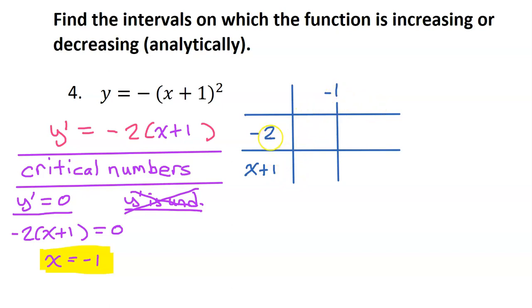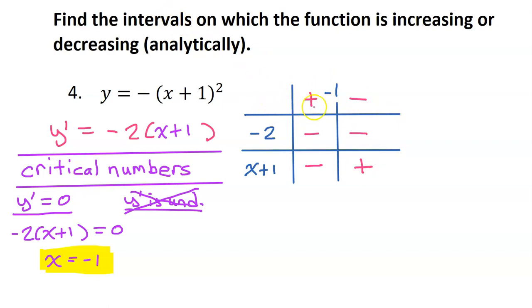Well, obviously, negative 2 is always negative, so I'm just going to mark these intervals as negative. And x plus 1 will be negative to the left of negative 1, but this will be positive for values of x that are greater than negative 1. So in this first interval, we will have a negative times a negative, which is a positive. And in the second interval, we have a negative times a positive, which is a negative.